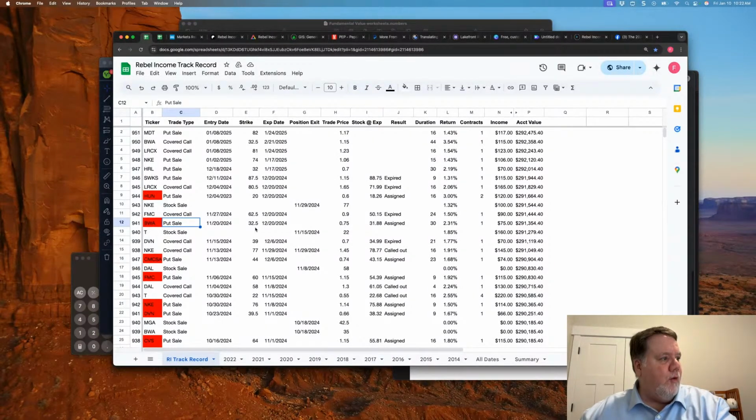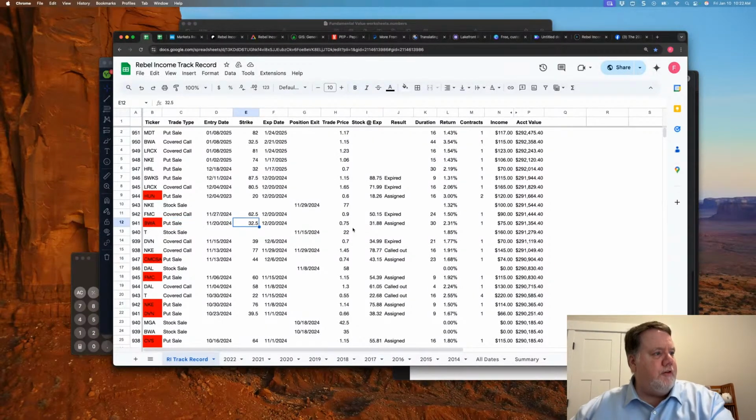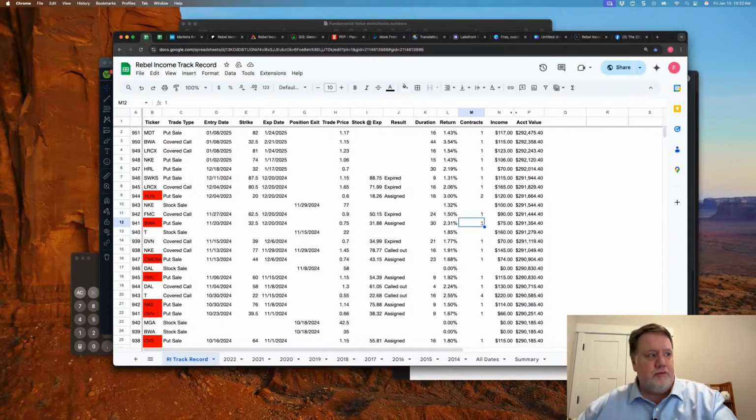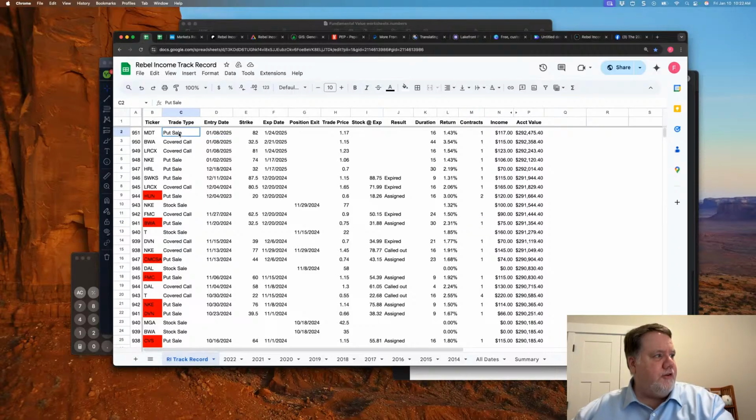Here's one on Borg Warner. Stock was around 32.50 when I was assigned. I only sold one contract of that, so it was a very small relative position. This week's put sale on Medtronic was also one contract, a little bit higher price, obviously, but still kept the position size as conservative as I could.